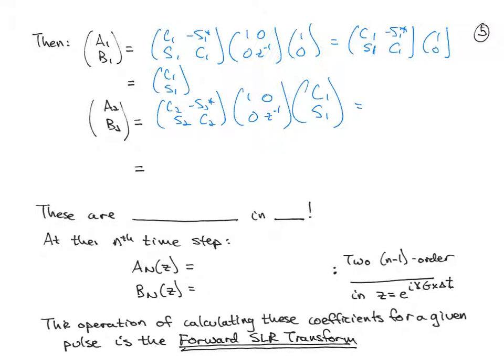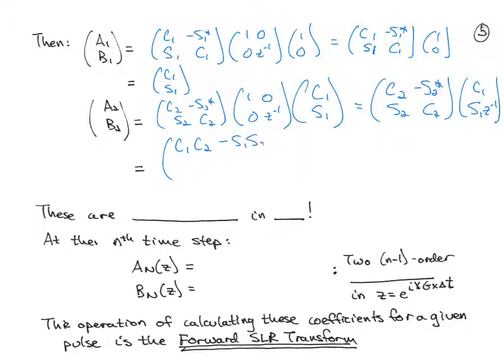Then we can combine the last two, the vector and the last matrix, to get C2, minus S2 complex conjugate, S2, C2, times C1, S1 Z inverse, and then multiply that through and get C1 C2 minus S1 S2 complex conjugate times Z inverse, C1 S2 plus S1 C2 Z inverse.